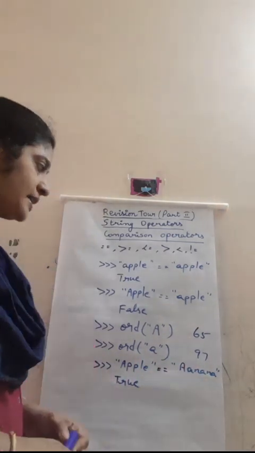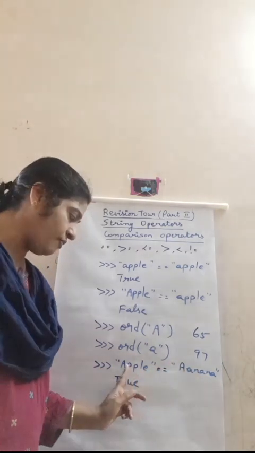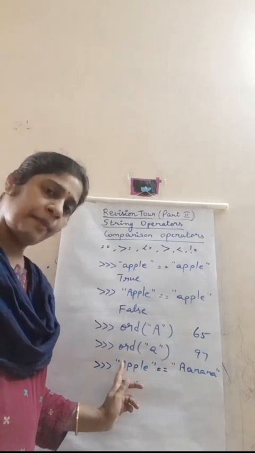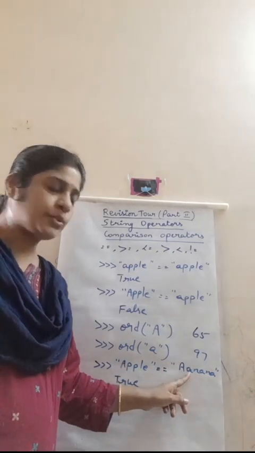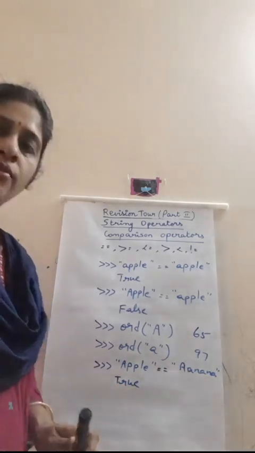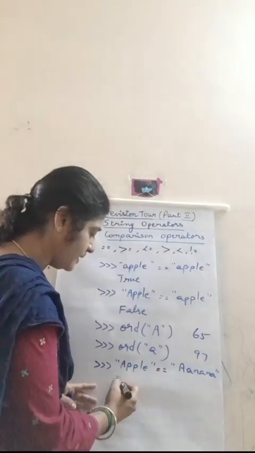The unicode for small a is 97, and for small p it will be somewhere above 97. So this unicode is greater. In the case of equal to, it will give you false.